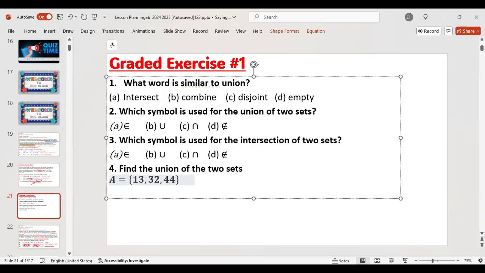Set B contains 44, 67, and 90. So I want y'all to find what is the union of the two sets.